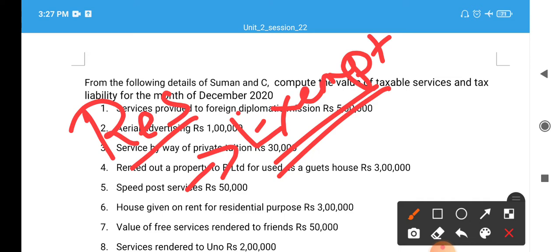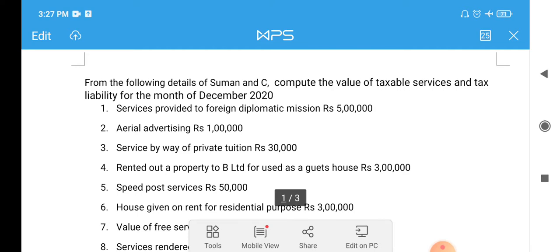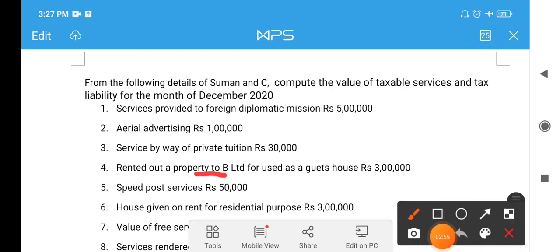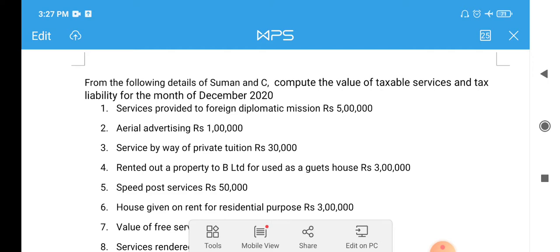But in this case it is given rented out a property to be used as a guest house. It is not given whether it is given for residential purpose or some other purpose. Therefore, we cannot assume that, because it is a property owned by the company, it can use that guest house for various purposes. Therefore, we assume that this property is not given for residential purpose, hence it will be taxed. Okay, I hope you understood this.